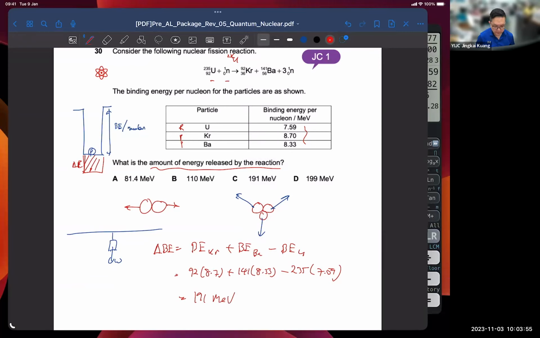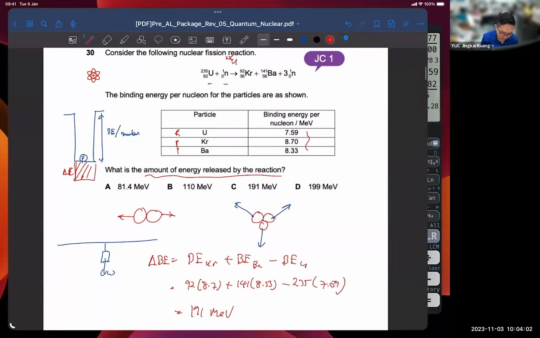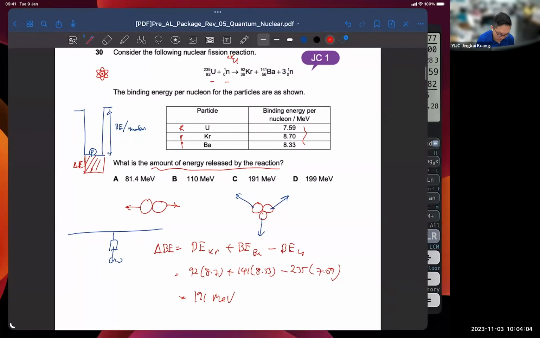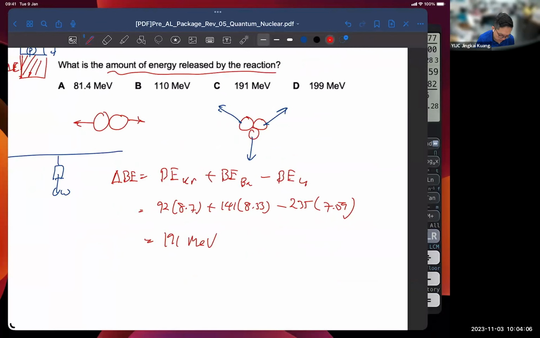This 191 MeV is the total energy that's being released. So this energy can come in the form of the KE of your barium, KE of your krypton, plus KE of each neutron. If there's a need to, you can also have gamma as well.